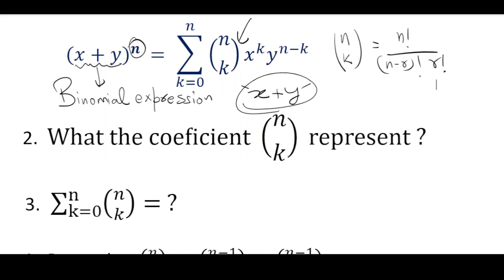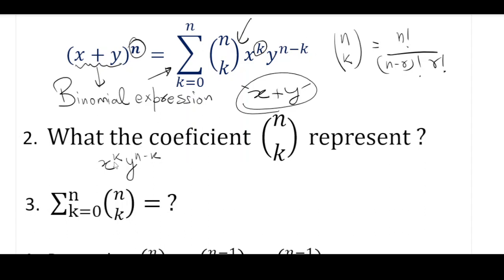The coefficient nCk represents the number of ways in which we can choose the k factors providing the x's, that is, we have this expression x to the power k y to the power n minus k. This formula is symmetric. You can easily verify it: you can replace k by n minus k and it will work.